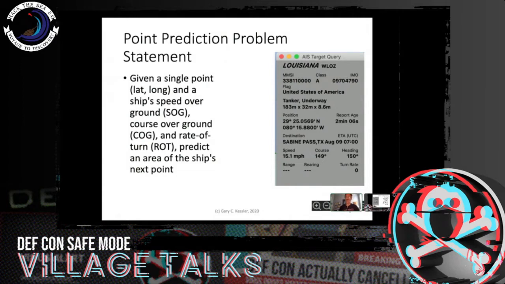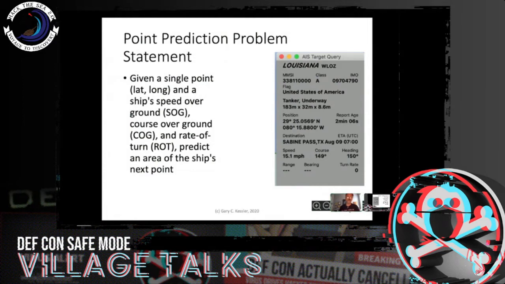And the idea came to me some time ago. The idea being, I'm at a particular place, and suppose a bad guy spoofs the AIS latitude and longitude of a vessel, and they try to, let's say, knock Louisiana off the air, and now they spoof being Louisiana.